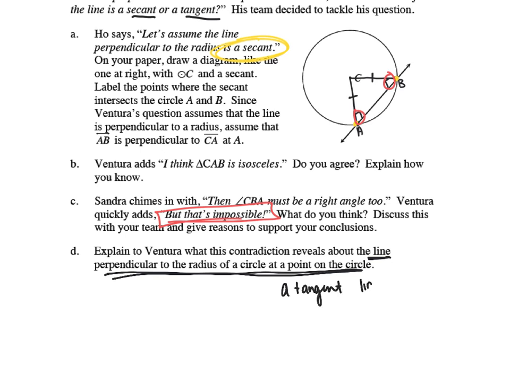It can't be a secant line because it doesn't work, and there is no other possibility of a line intersecting a circle. It's either a tangent or a secant. Since a secant didn't work, it must be the tangent line that is perpendicular to the radius at the point on the circle.